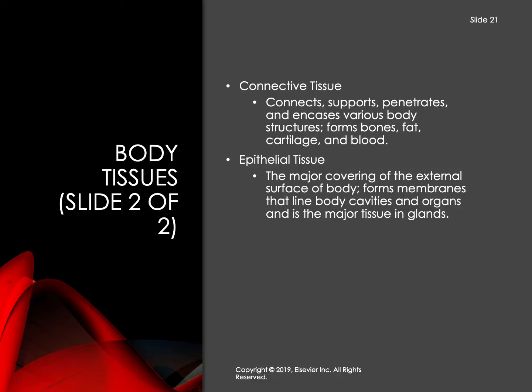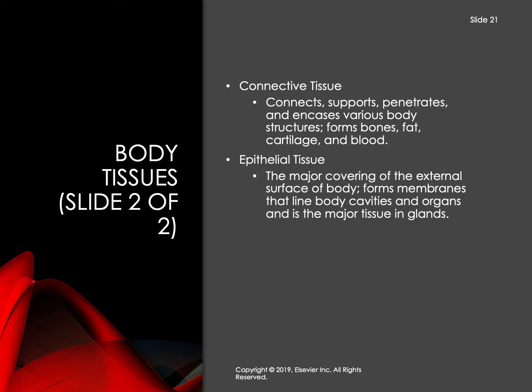If we look a little closer at different types of tissue besides muscle and nervous, there is connective tissue. Now, connective tissue is that stuff that keeps us from falling apart, right? It keeps our forearm bones connected to our humerus.